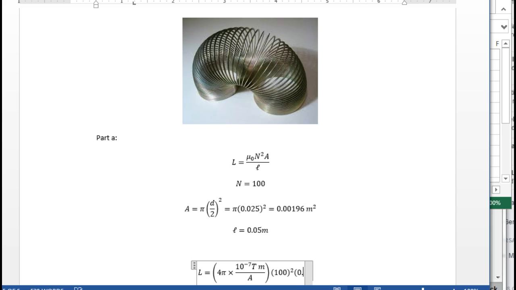The area 0.00196 meters squared divided by 0.05 meters.